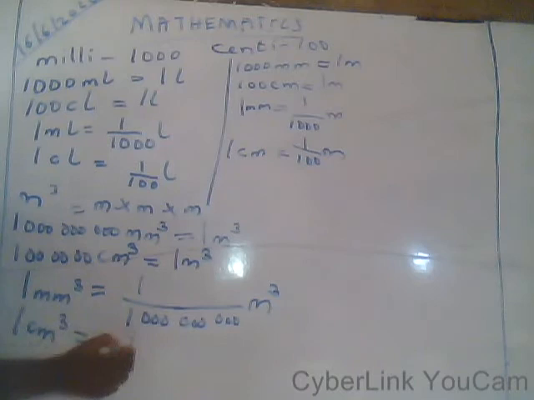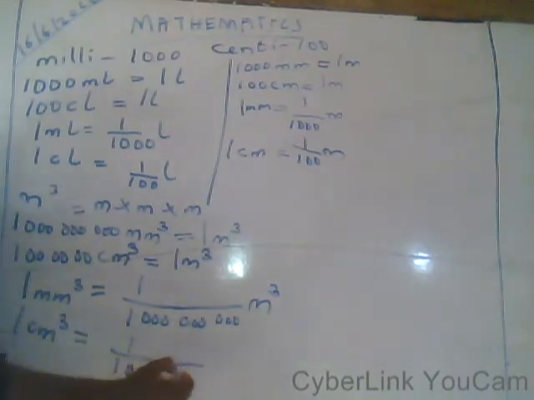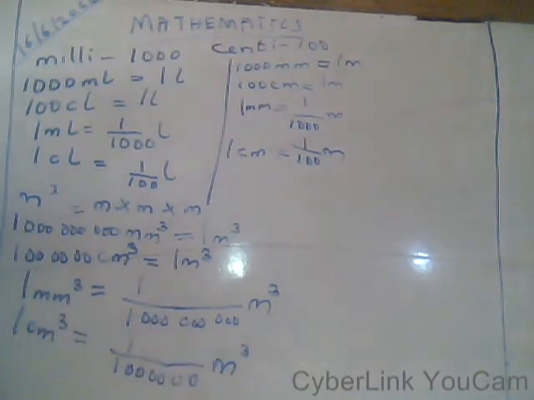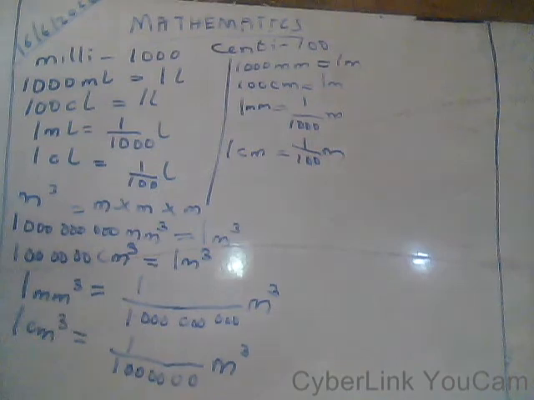It will give me 1/1000,000 meter cube. Look at this conversion very well. With this conversion, it is now easy for us to go to the table and solve the questions one after the other.